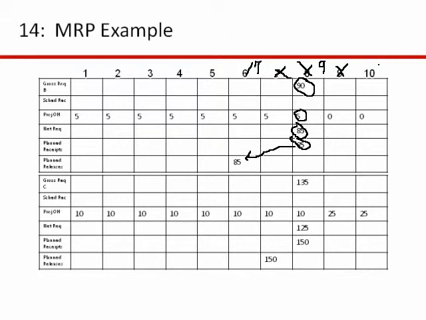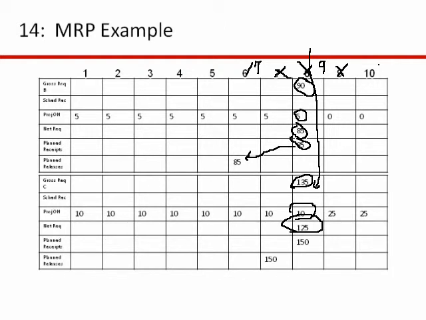Okay, and then we also know that C is a child of A. So we had 45 A's in week 9. And if we multiply the 45 times 3 C's per A, we get a gross requirement of C of 135. There are 10 C's on hand, so this gives us a net of 125 C's. Now, C has what's called a lot size.